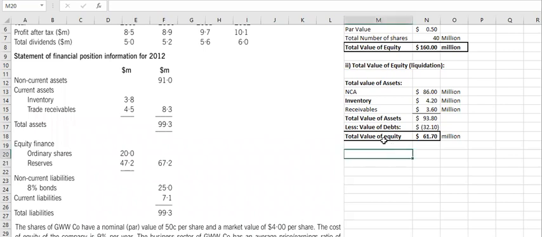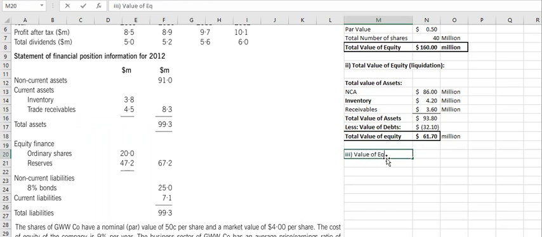I hope you have got why we have subtracted the debts, because of the total assets, if these assets are being sold, obviously the liabilities will be settled first. And after settling the liabilities, whatever will be left will be the value of shareholders or the value of equity. So we are done with two methods. Now let's go to the third method.